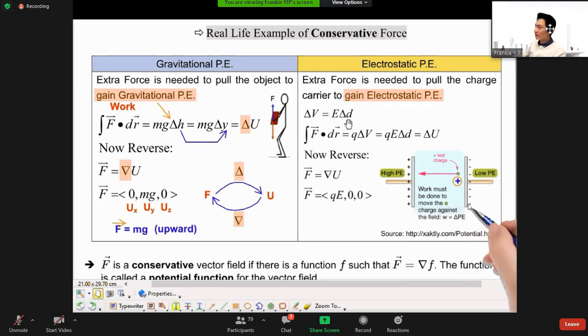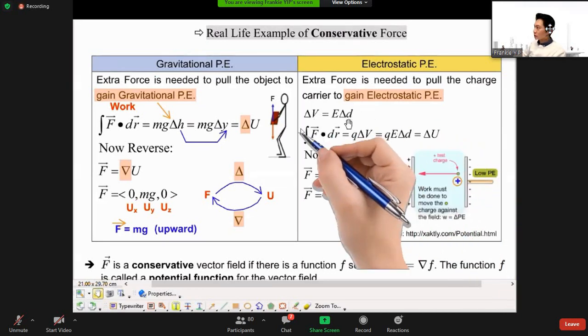This is a negative plane. Positive charge and negative plane should attract each other. Now I need to do the extra work against the natural attraction between these two, so we need to do the work.